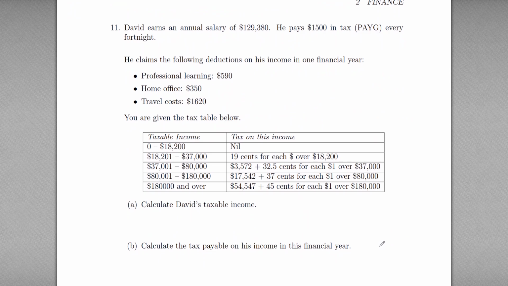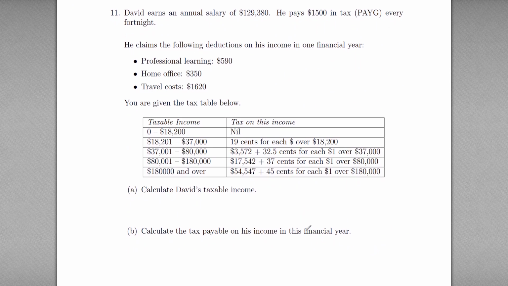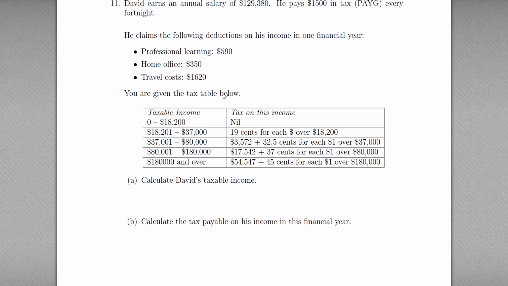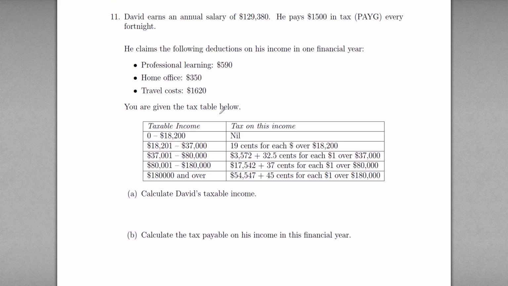Alright, number 11. David earns an annual salary of $129,380. He pays $1,500 in tax every fortnight, claims the following deductions on his income in one financial year. And given this tax table for later, I think. First one is his taxable income. Now, all these deductions on his income mean that you're going to take these values off that salary.